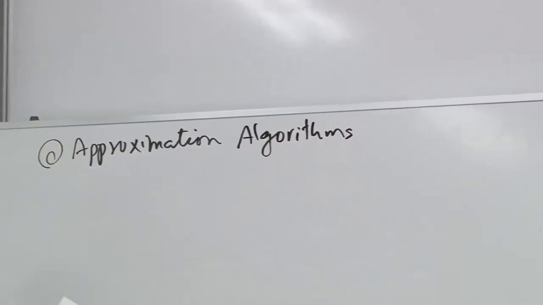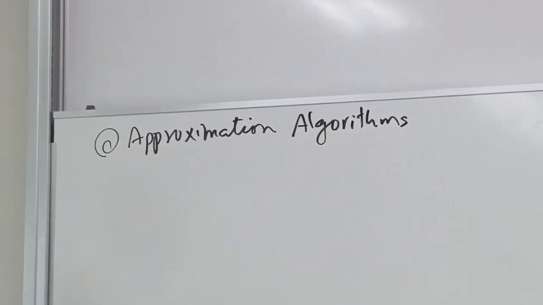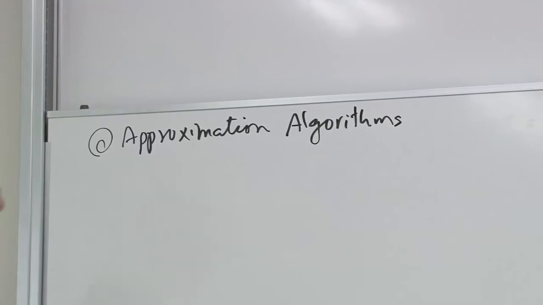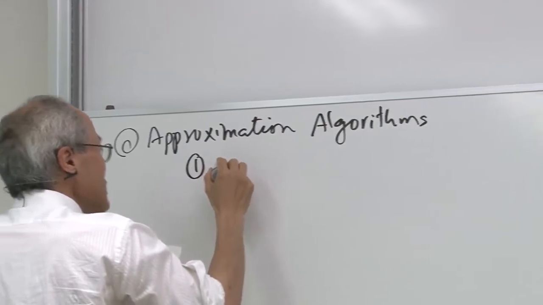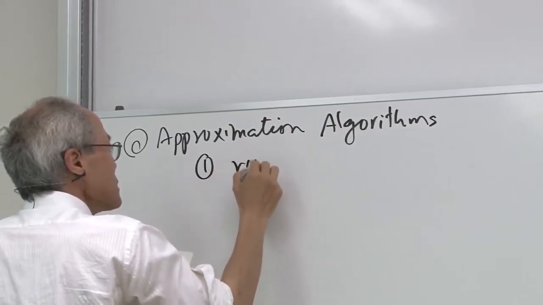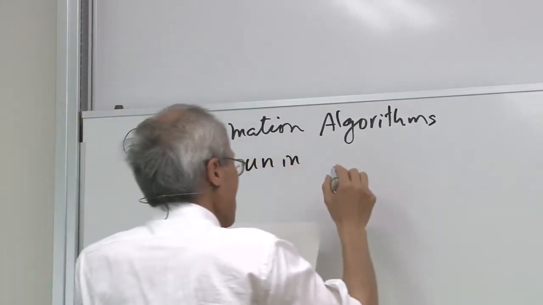Okay, so approximation algorithms, we have two requirements. Number one requirement, they run in polynomial time.